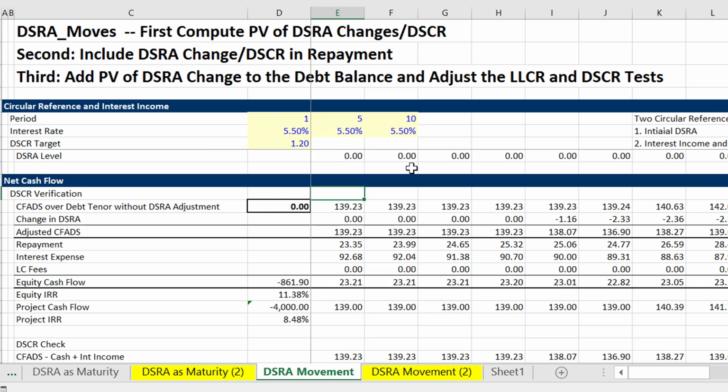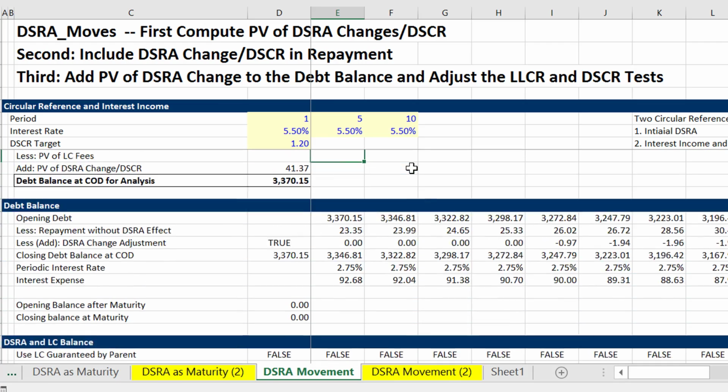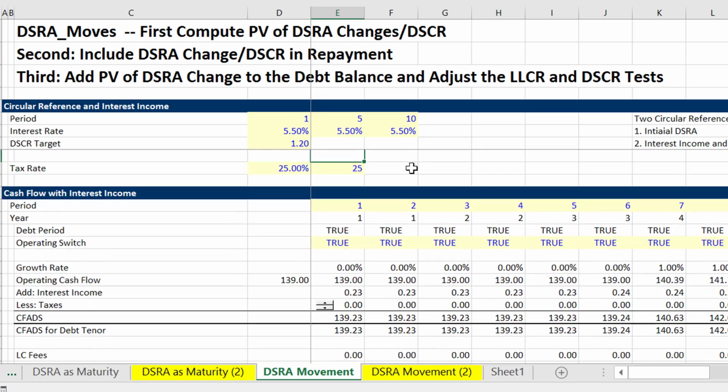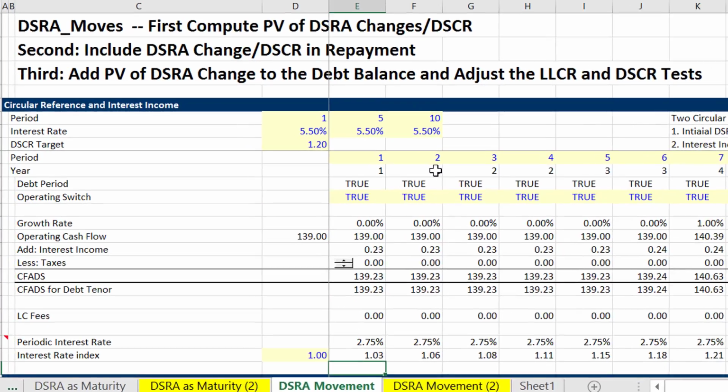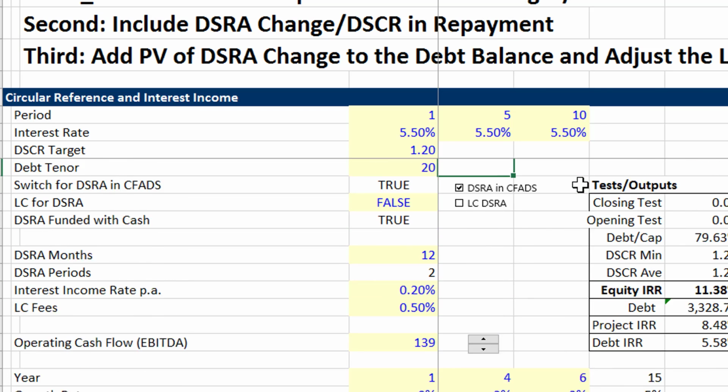The cash flow available for debt service includes some taxes somewhere. Okay, here's our basic cash flow. It includes interest income and taxes. Those are the nightmare kind of things, at least right now, in my opinion.